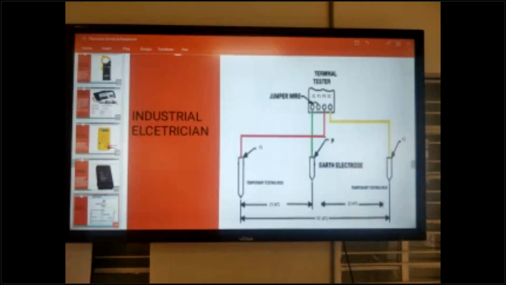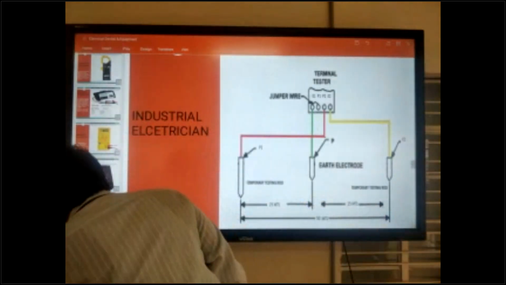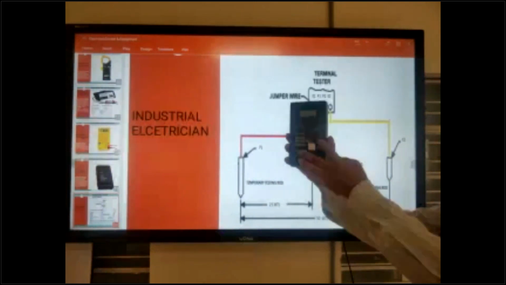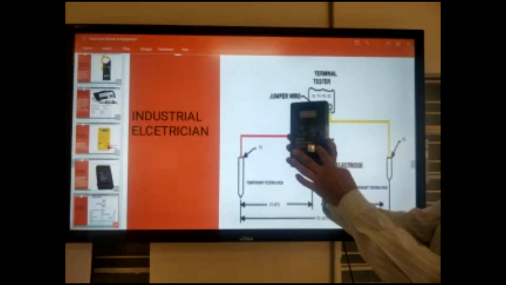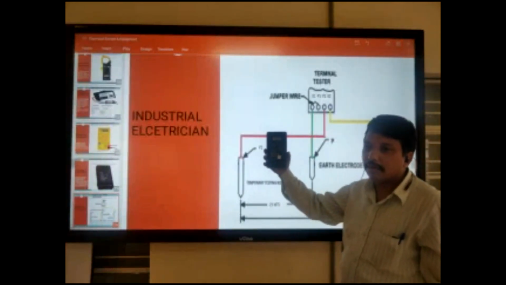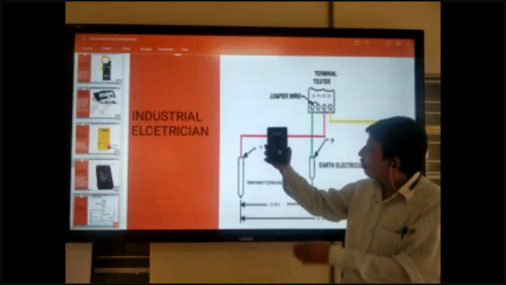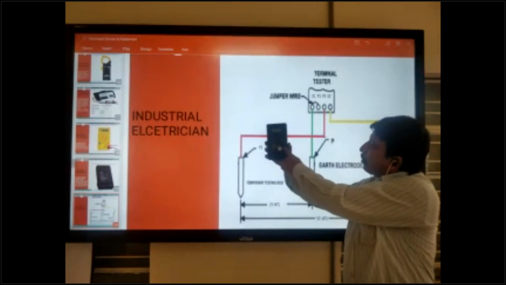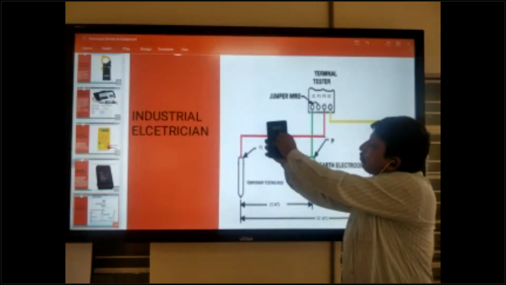So the testing method is like that. Then there is the digital numbering system, and we have the push button. There is also an on off button.